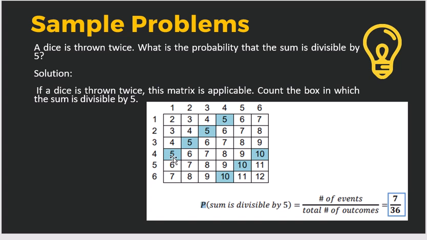So divisible by 5 will be the number of events. So ito yon, 1, 2, 3, 4, 5, 6, 7. So total number of outcomes is 36. So bakit naging 36? Kasi dito sa 6, number of columns multiplied by the number of rows is equal to 36.